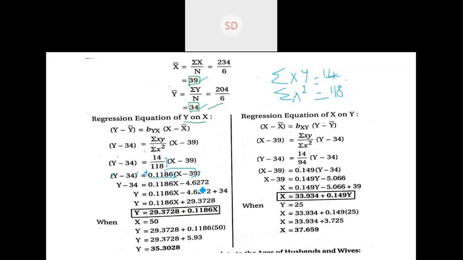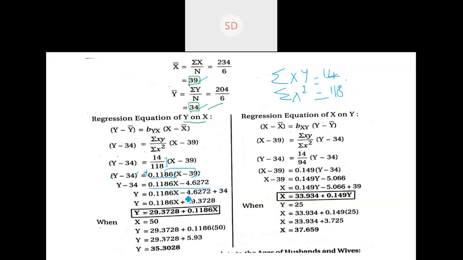Now next step, you have minus 34 onto the other side. Okay, the other part of it, y minus 34. If I take minus value from this side to the other side of equals to, it will become plus value. So minus 34 to this side. So y is equal to 0.1186x minus 4.6272 plus 34. I keep this expression as it is and just add 34.